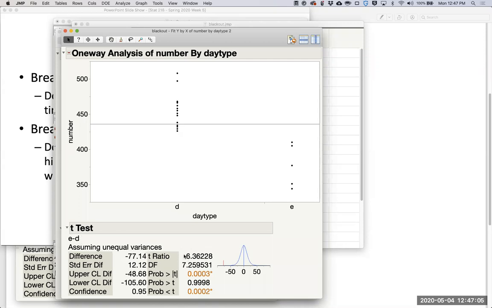My t ratio being negative and my p-value being 0.0002 says in 2 out of every 10,000 such studies would I see a difference this big, a difference of 77 births, if in fact the null was true.